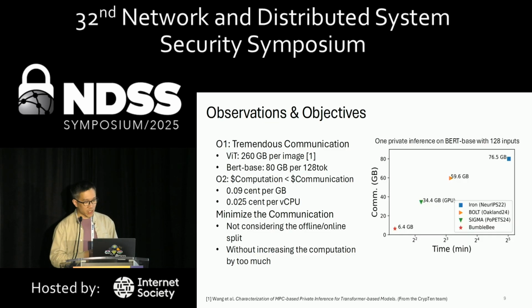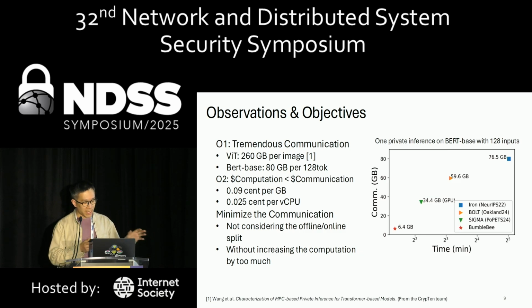Our observation is very simple. For the current approaches, most of them introduce tremendous communication, might be hundreds of gigabytes just for one token inference. And the second observation is that computation is particularly cheaper than communication. If you check the Amazon on-demand prices, you can find that communication is pretty expensive.